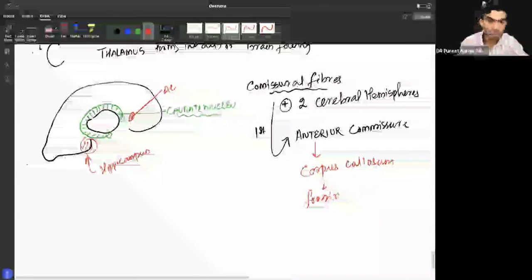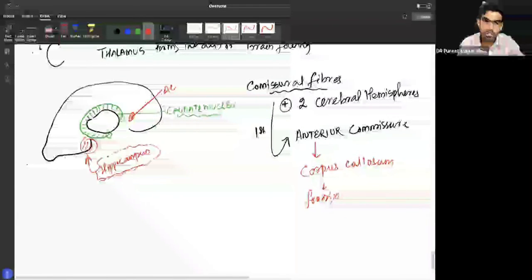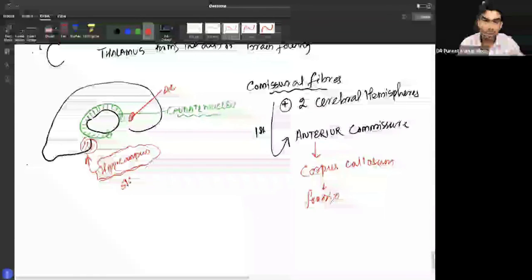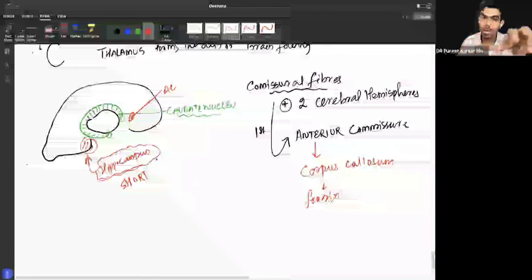Now look, this one is the hippocampus, the specialized temporal lobe, and this hippocampus is the site for short-term memory. Whatever you are reading now is stored in your short-term memory in the hippocampus.